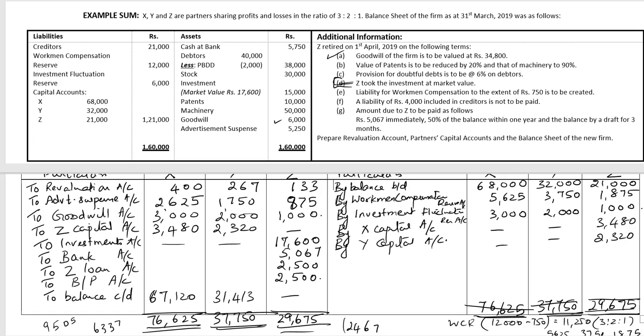Next we'll go to the balance sheet. In the balance sheet, we will put the balance of capitals of X and Y as 67,120 and 31,413 respectively.